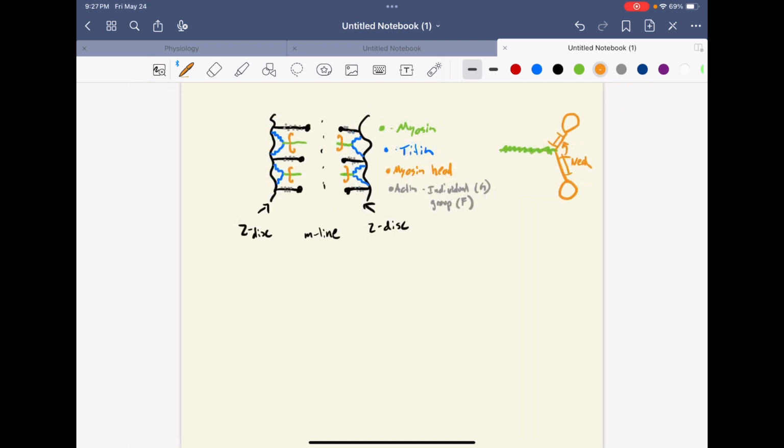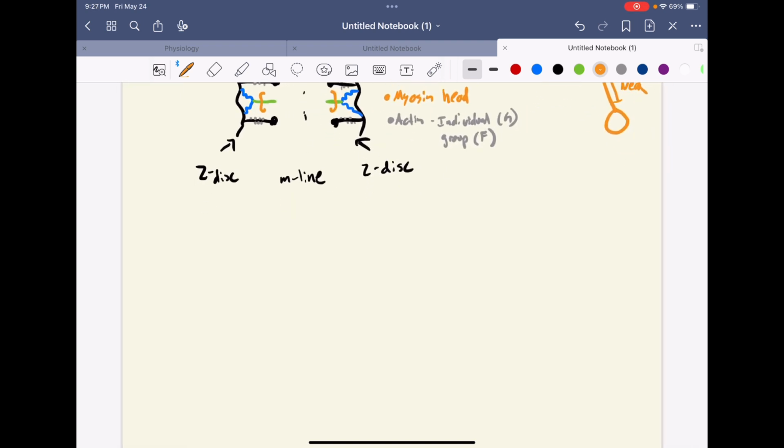The actin, we'll blow up one of these actins. So I also forgot to write this black is the nebulin. So we'll draw a bigger section here of nebulin. We'll cover this in actin. We'll draw it in 2 different colors.